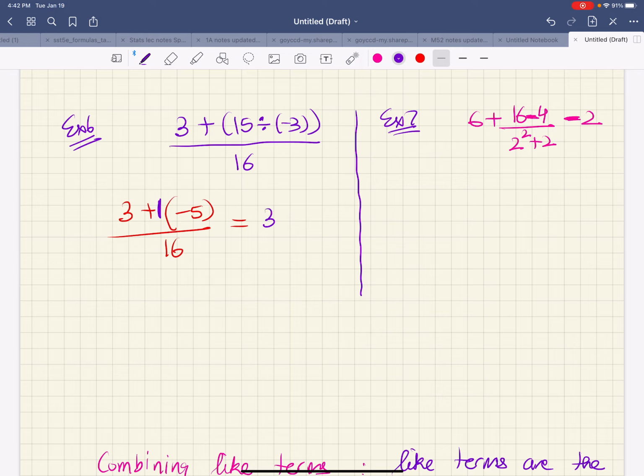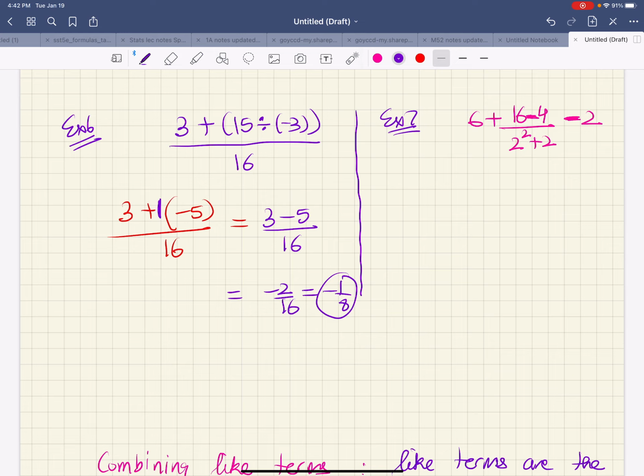So when I distribute the positive 1, positive 1 times negative 5 is just negative 5, divided by 16. 3 minus 5 is negative 2 over 16. And that would be negative 1/8. It simplifies to negative 1/8 because we can simplify this fraction.